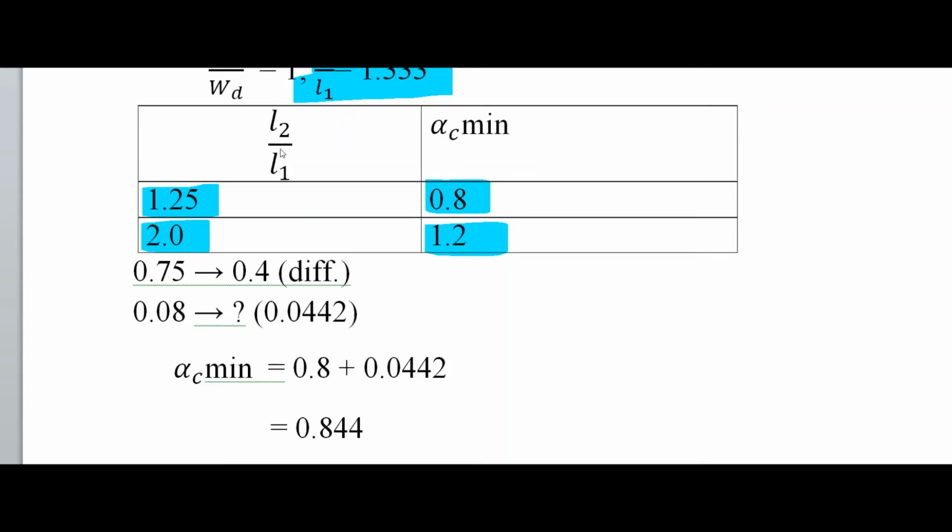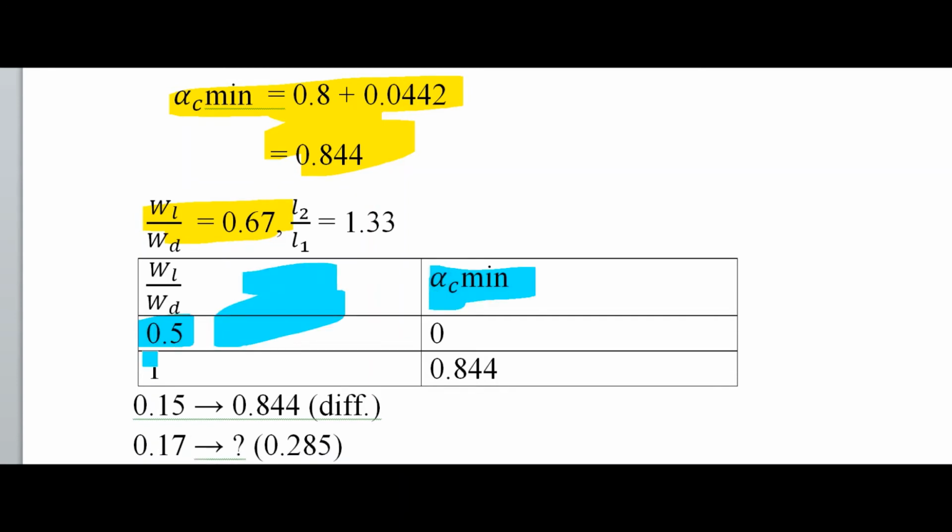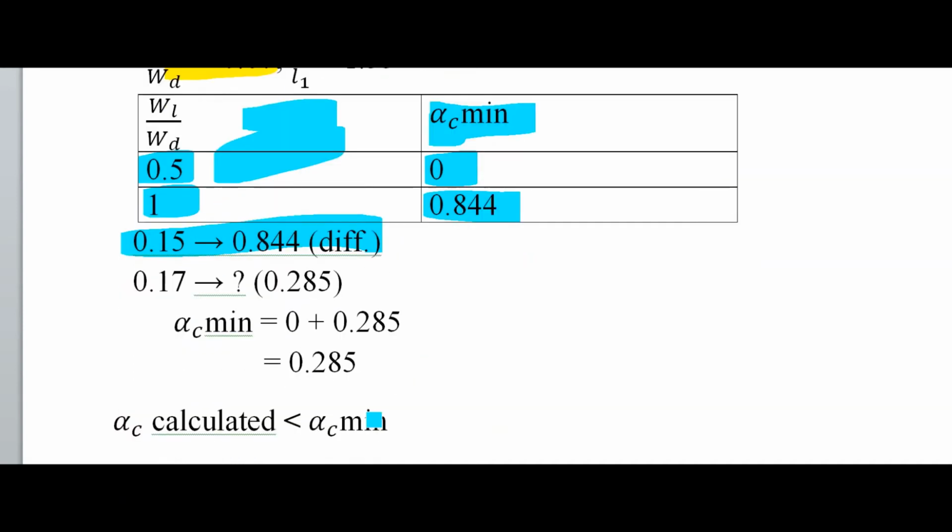So alpha C minimum 0.75 to 4 difference. So alpha C minimum for the 0.25 to 2 is 0.644 for the L1 L2 ratio. But the live load dead load ratio is 0.67. Okay. So WD alpha C 0.5 is 0, 1 is 0.844, difference 0.5, and 0.84 to 0.7, 0.22.